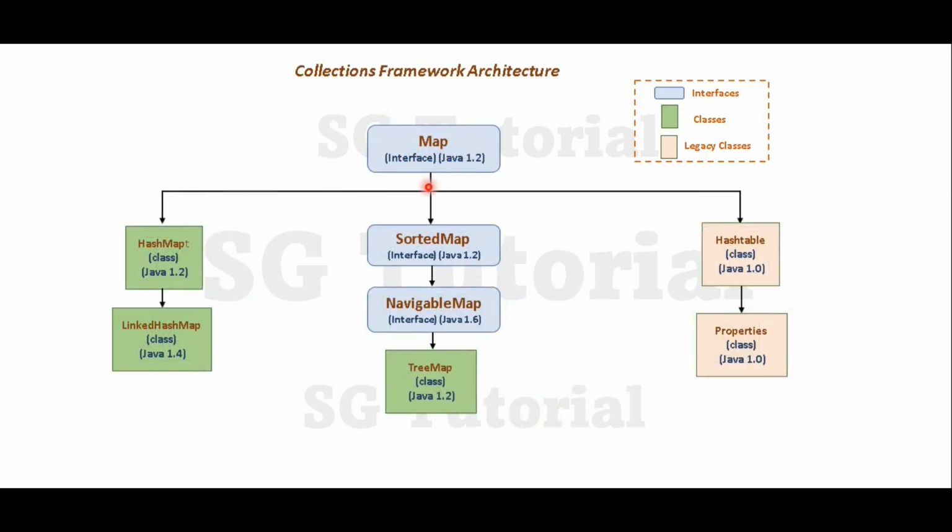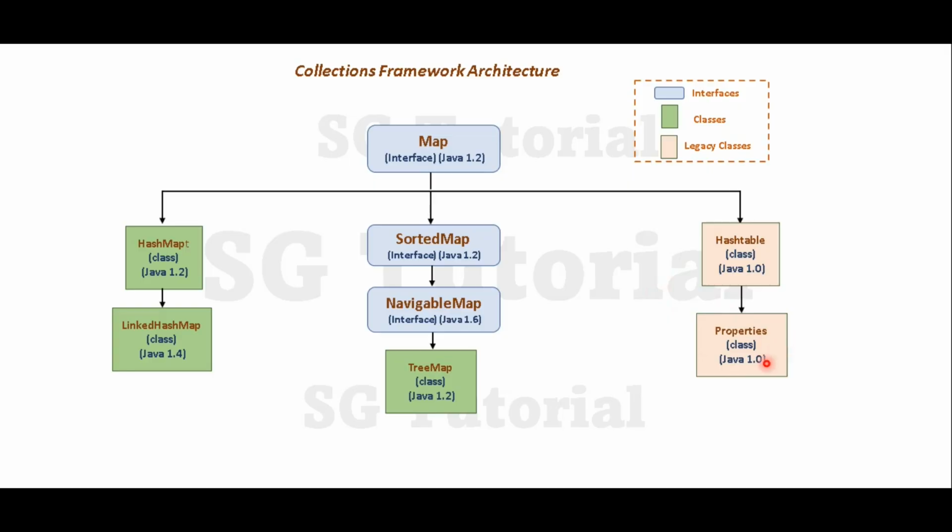Map is an interface introduced in Java 1.2 and its implementation classes are HashMap, LinkedHashMap, TreeMap, Hashtable and Properties. But LinkedHashMap, TreeMap and Properties are indirect implementation classes of Map. HashMap and TreeMap were introduced in Java 1.2, whereas LinkedHashMap was introduced in Java 1.4, and the Hashtable class and Properties class are legacy classes, introduced in Java 1.0.